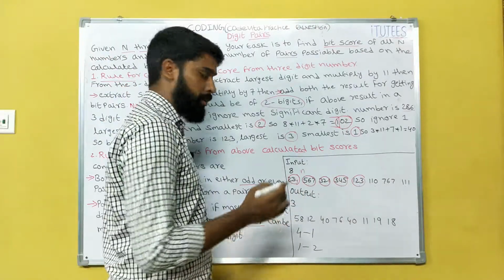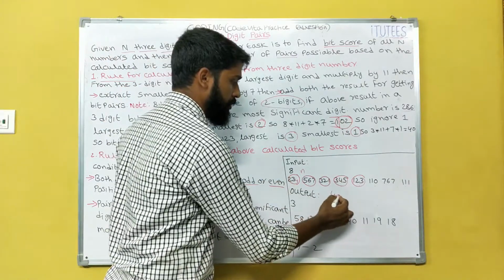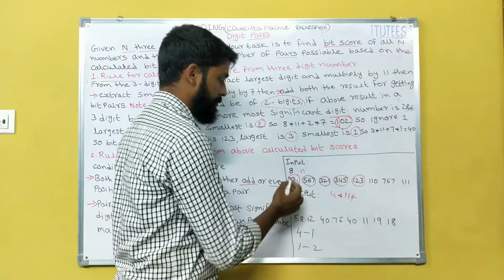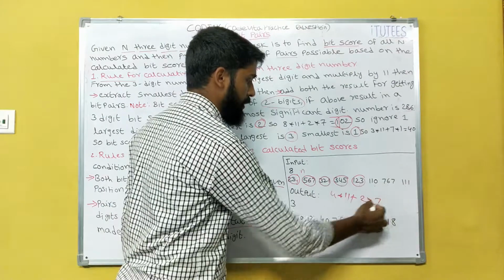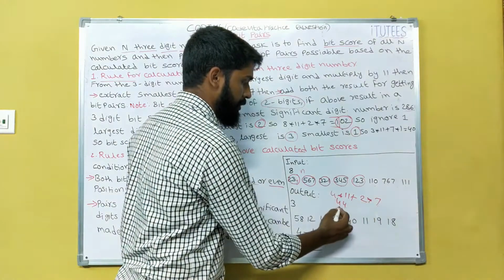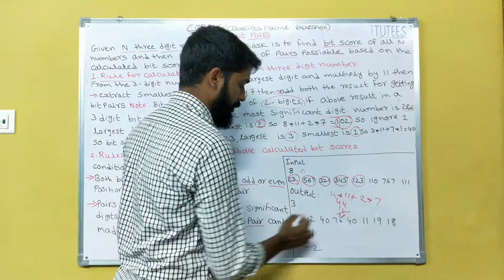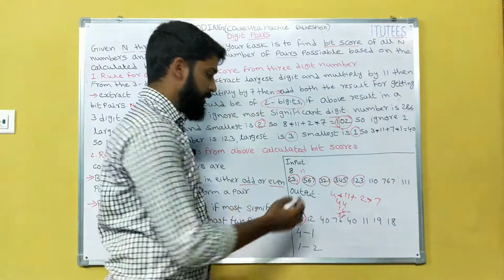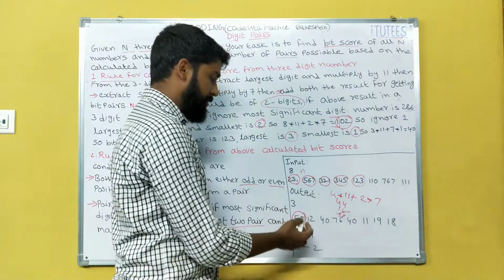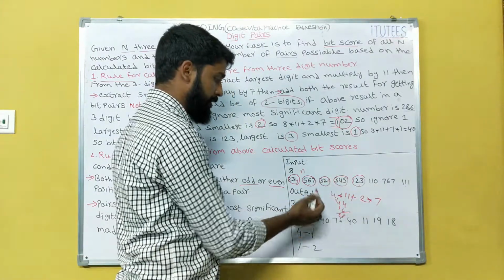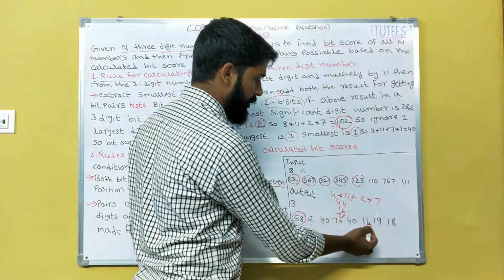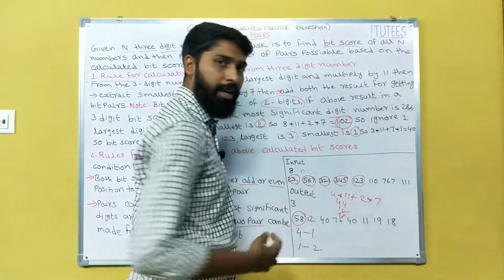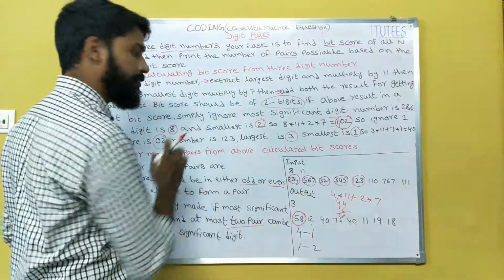For 234, the highest value is 4, so 4 into 11 plus the smallest value 2 into 7. 44 plus 14 is 58. So 58 is the bit score. In the same way, we can calculate the bit scores for the remaining: for 567, 12; 321, 40; 76, 40; 11, 19, 18 respectively. So that is the first rule.